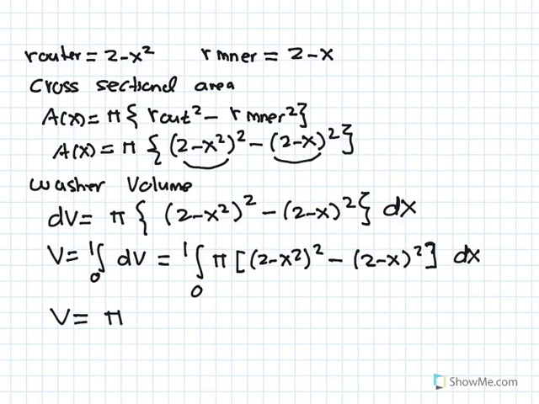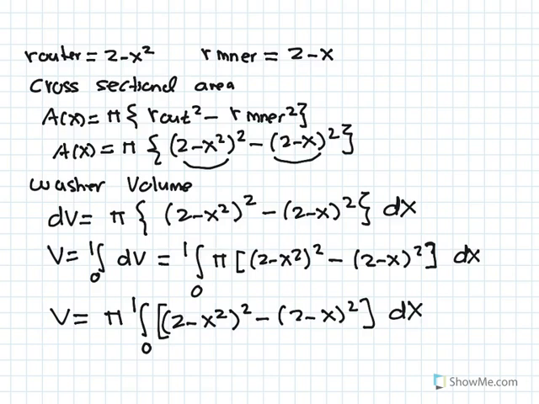It just passes through the integral, so let's write it in a different way. Pi times the integral from 0 to 1. These are x values: x equals 0, x equals 1. Outer radius squared, that's (2 minus x squared) all squared, minus inner radius squared, (2 minus x) all squared, integrated with respect to x. Now the job is just to integrate this. That's going to be pretty easy, and we'll do that in the next step.